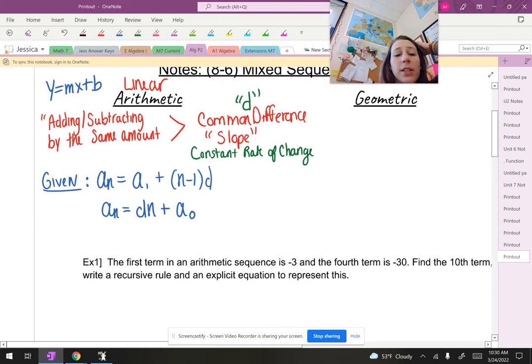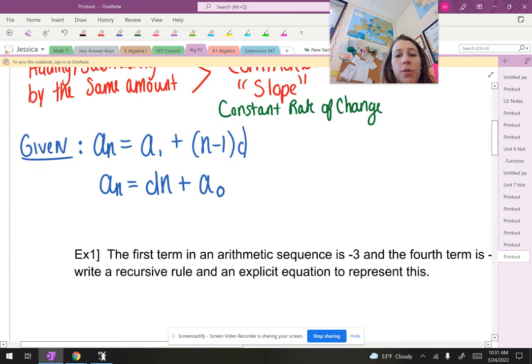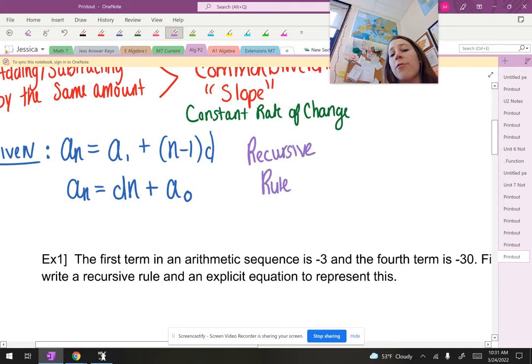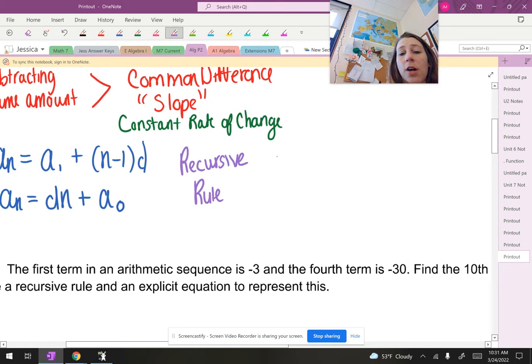And last but not least, we're just going to jot down the recursive rule then. So that's what you're given, and I'll do the recursive rule right here. Recursive rule. Remember, every single recursive rule starts off the same with that a sub n is equal to a sub n minus 1.